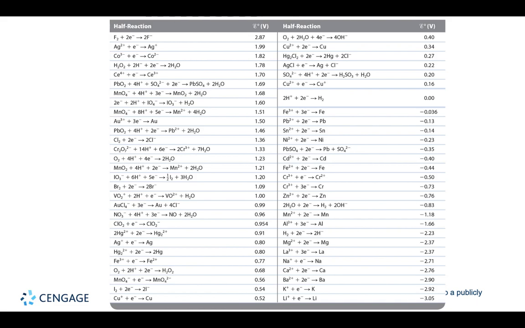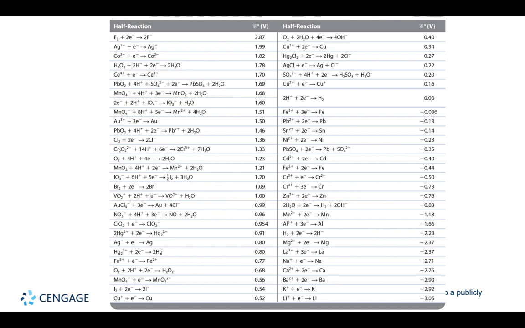If I pick the first two, F2 plus 2 electrons makes 2F minus, and I decide to call that my cathode. And then I pick the one right below it, Ag plus 2 plus electron yields Ag plus. Well, I can't have two reduction reactions. So I take the second one, since it's lower on the number line, and I flip it. I say, oh, I could react F2 with Ag plus.